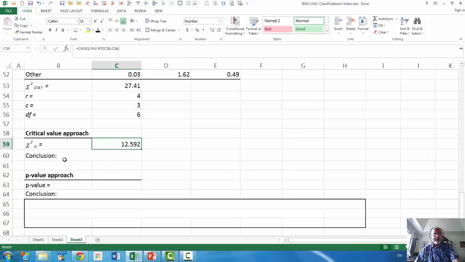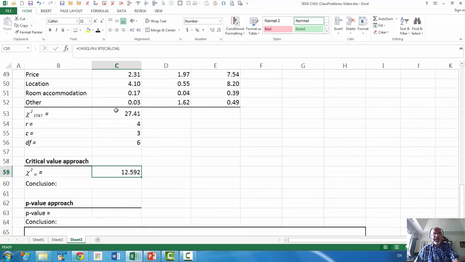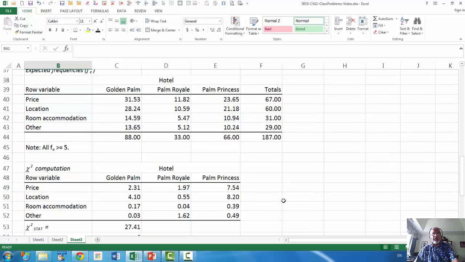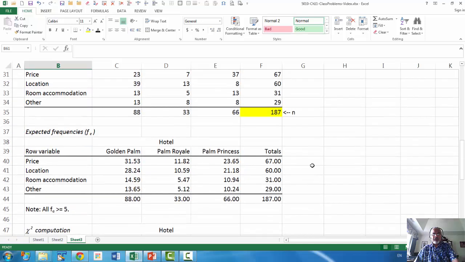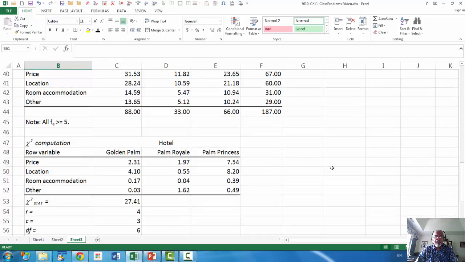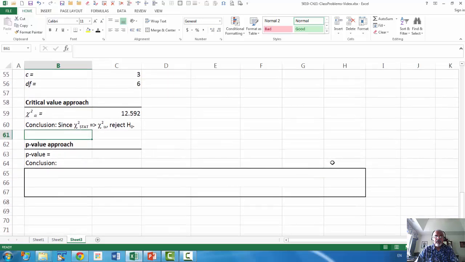That's what we have here. So our chi-squared stat exceeds the critical value, so we reject the null hypothesis. Which means there is a relationship between the reasons given and the hotel. Some hotels have some reasons, the other hotels have other reasons. So we cannot have the same approach for all the hotels. To solve the problem of guests not returning, you have to have a different approach for different hotels.